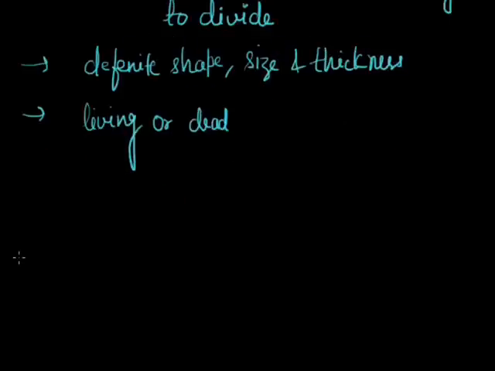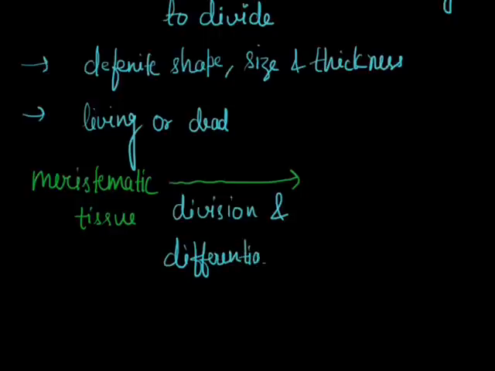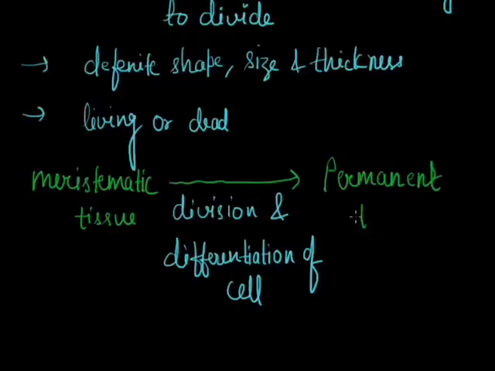So we can say that meristematic tissue, with division and differentiation of cells, forms permanent tissue. So what we see? The meristematic tissue, when it divides and differentiates, forms permanent tissue.